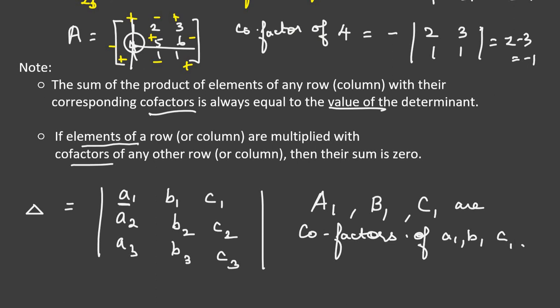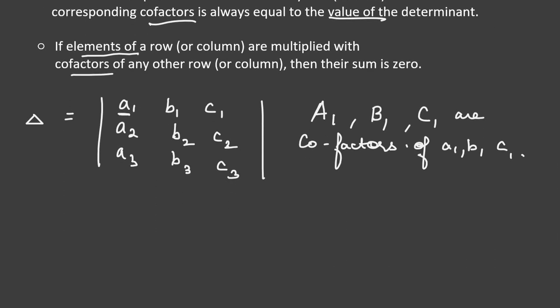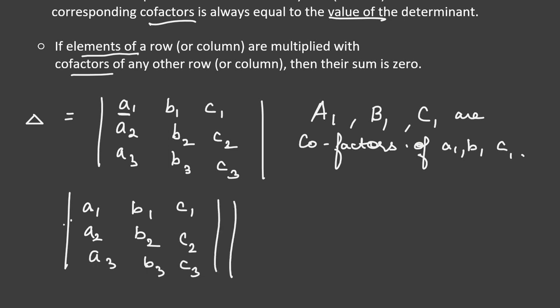Then consider the product of the given determinant and its cofactor determinant, whose elements are in the form of capital letters A1, B1, C1, A2, B2, C2, A3, B3 and C3. The cofactor of the a1 element is denoted by capital A1.